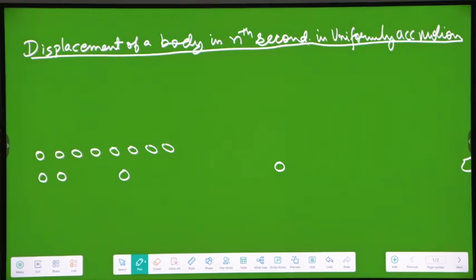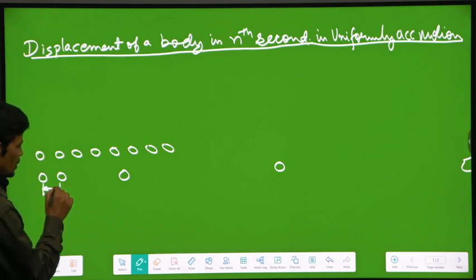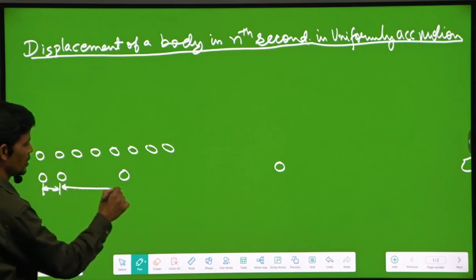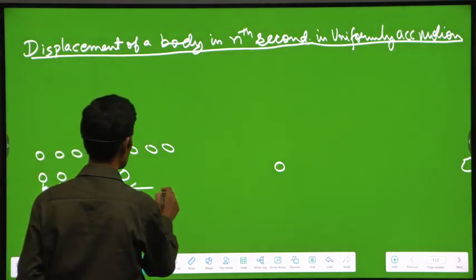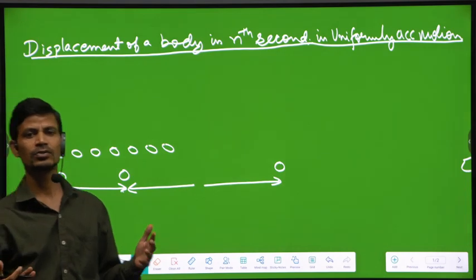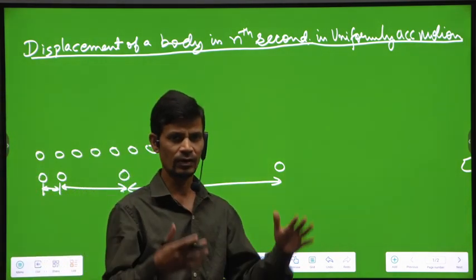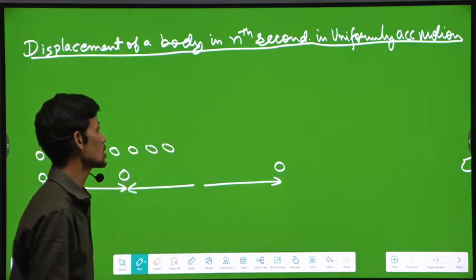So in the first second it has traveled this distance, in the second second this distance, in the third second this distance, and so on. So we can say in the nth second it has traveled whatever be the distance. That we are going to discuss here.